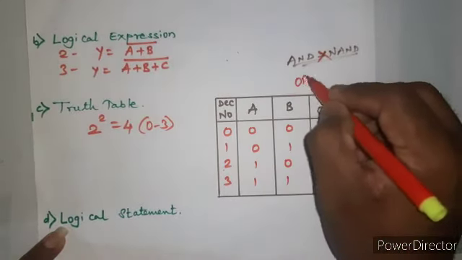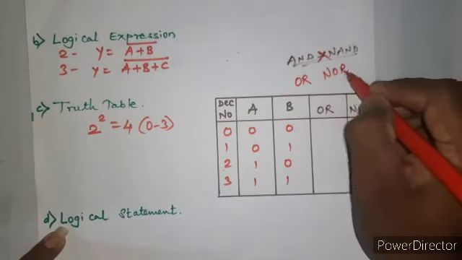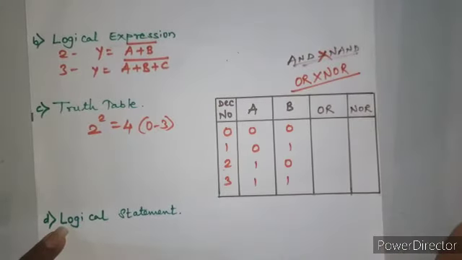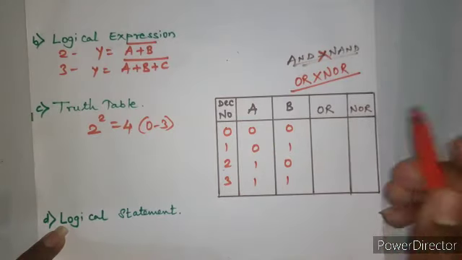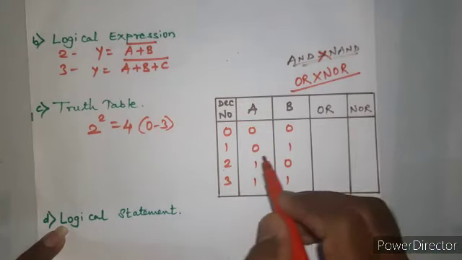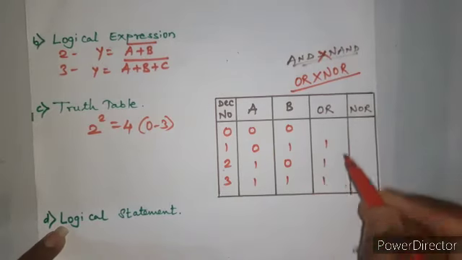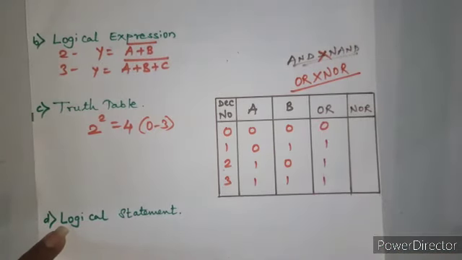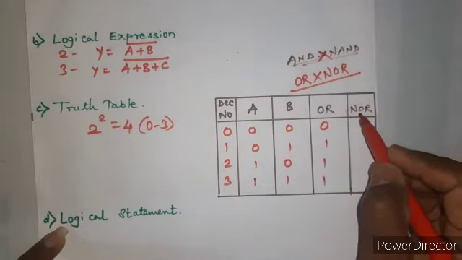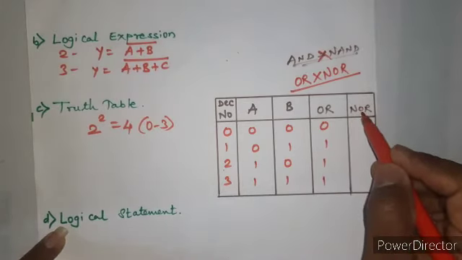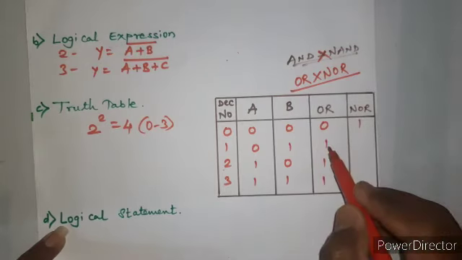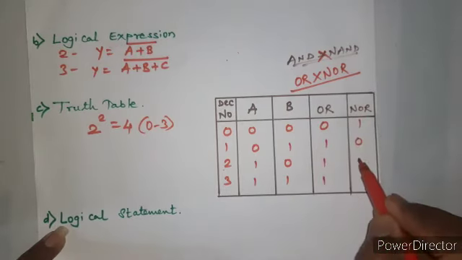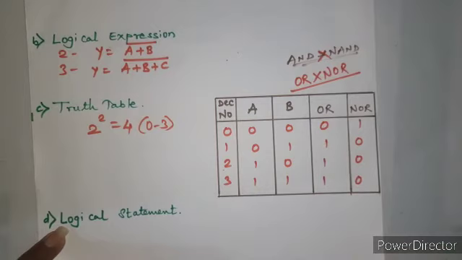Similarly, this OR gate and NOR gate will perform opposite to each other. Now just now in the previous video we have seen the truth table for 2 input OR gate. So if any of the input is 1, output is 1, otherwise output is 0, right? Now this NOR gate is exactly opposite of OR gate, right? So here if it is 0, this is 1. If it is 1, this is 0, 0, 0.